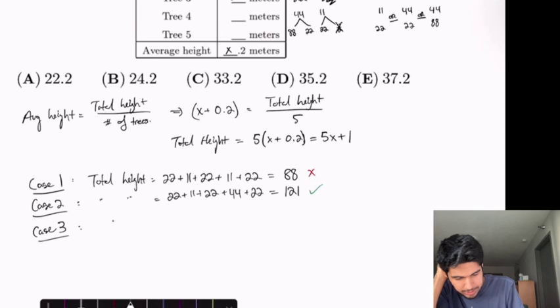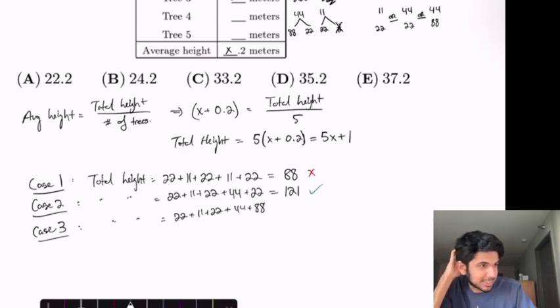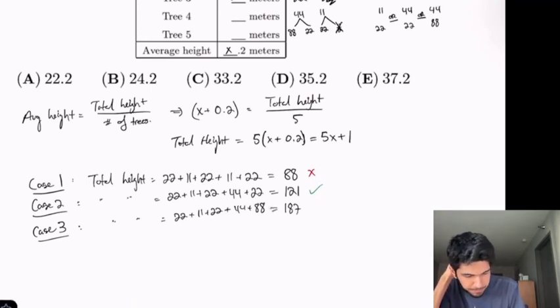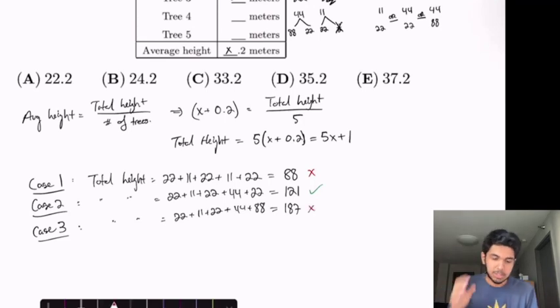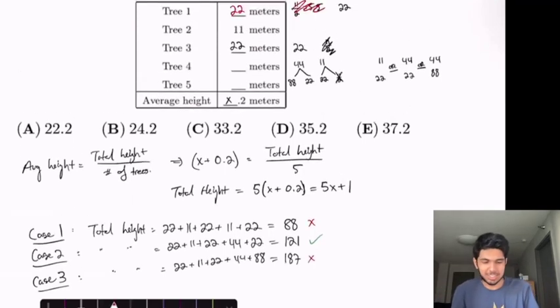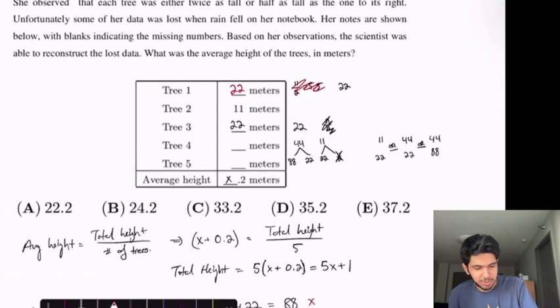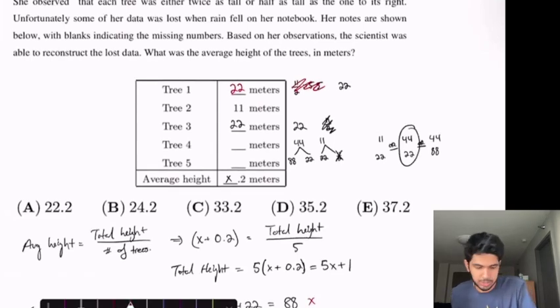So here the total height is going to be 22 plus 11 plus 22 plus 44 plus 88. What's this equal to? 187, which is not one more than a multiple of 5. So we've already just deduced which case we're working with, which is going to be the 44, 22.